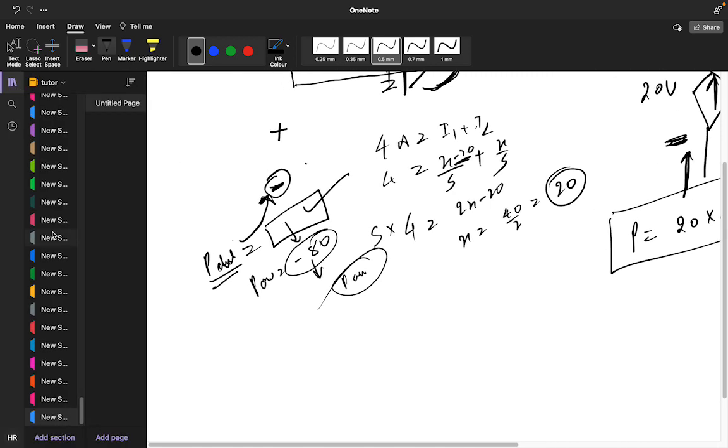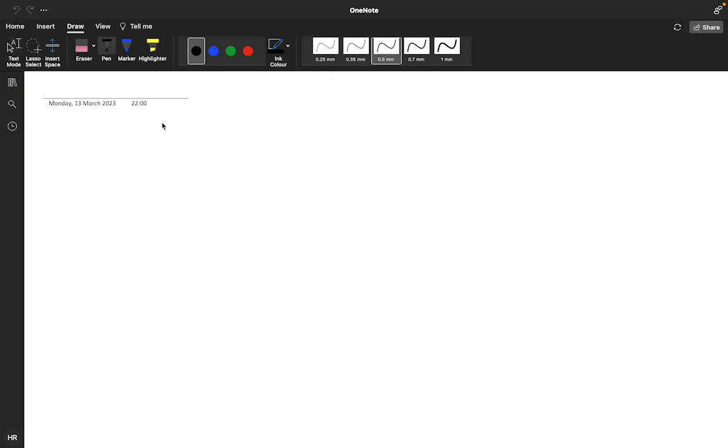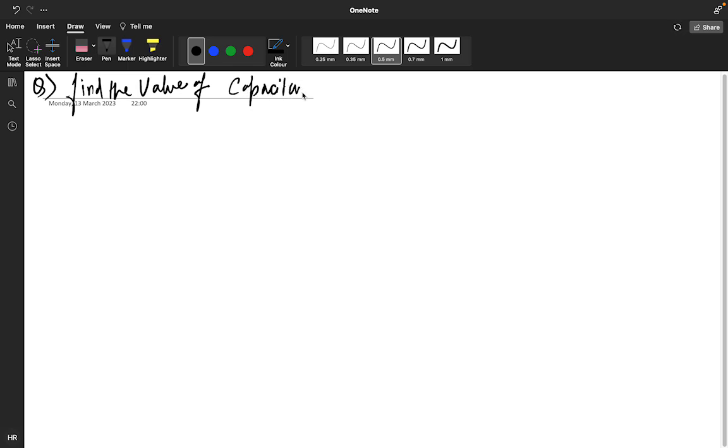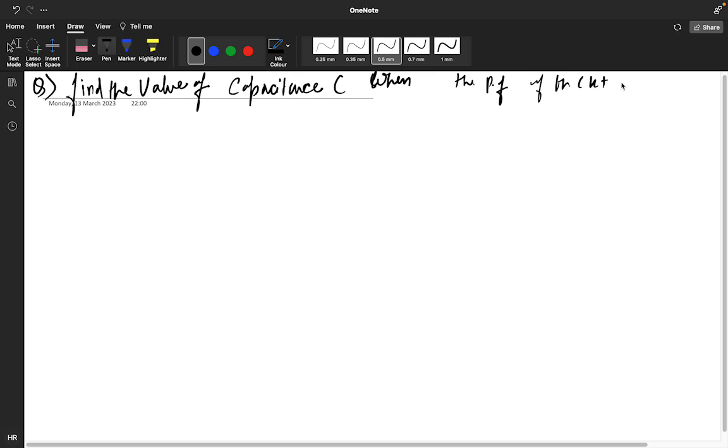So write one question. Find the value of a capacitance C when the power factor of the circuit is 0.8 lagging.